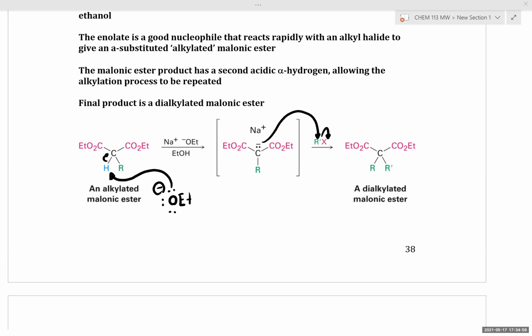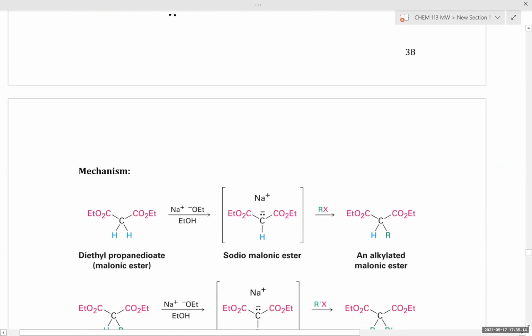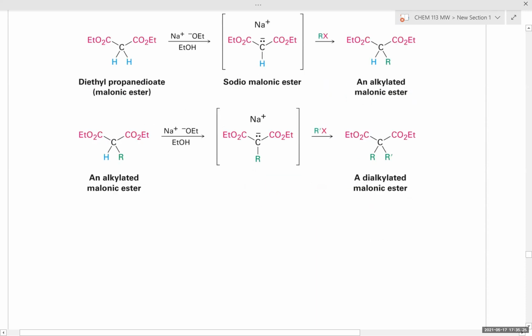Does this next part make sense? So how do we get the carboxylic acid? Let's just talk about the first two steps for the malonic ester synthesis. We're generating an enolate and then alkylating your malonic ester enolate.